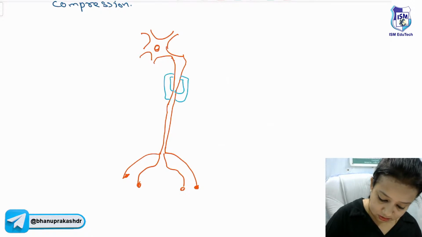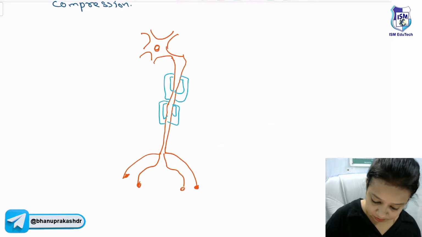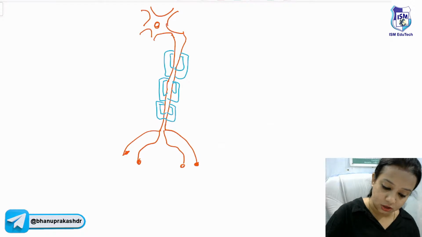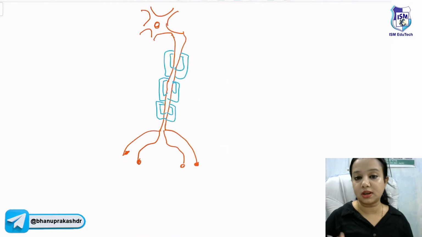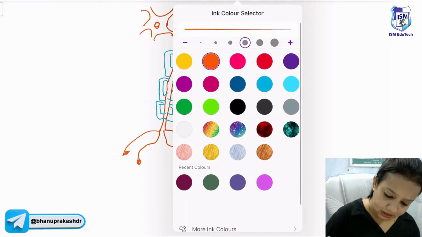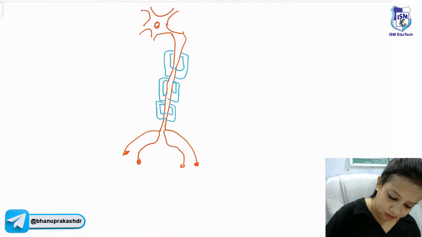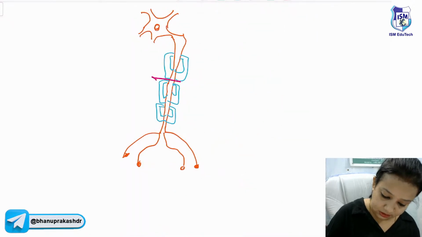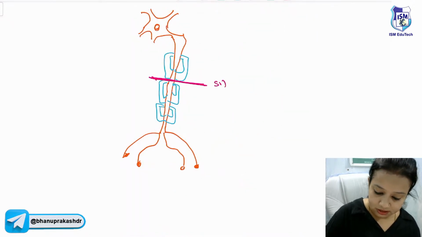This is the myelin sheath. Let us imagine there has been an injury to this nerve due to some crush injury or some reason. At this point, there has been damage. This is the site of injury.